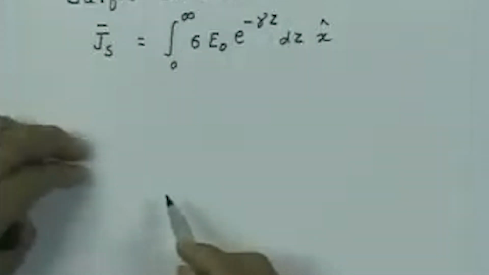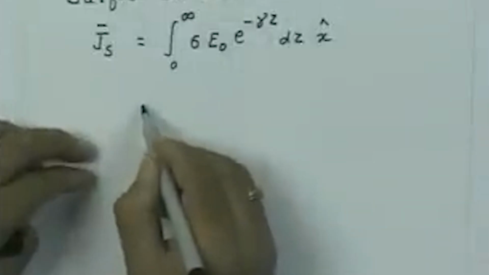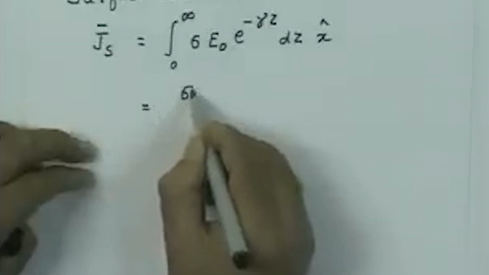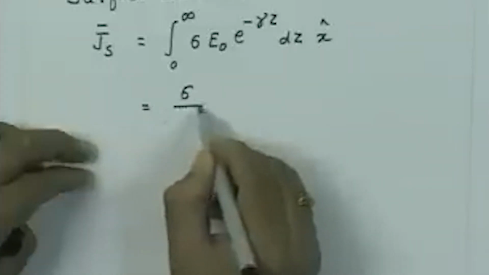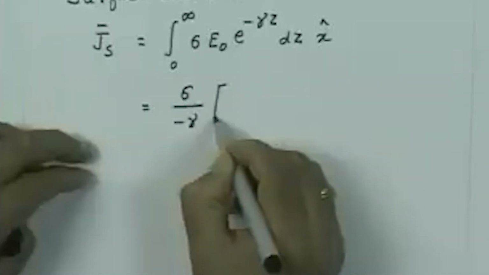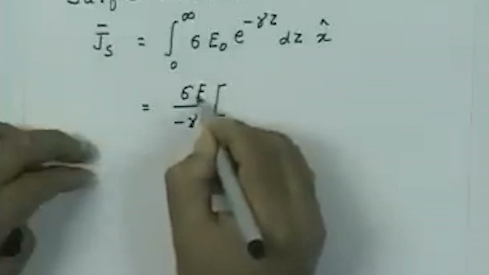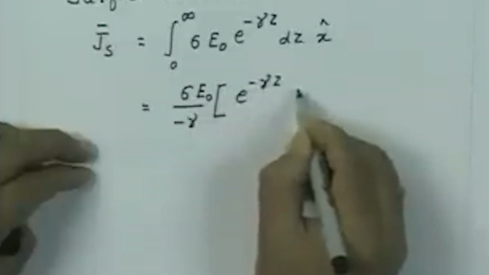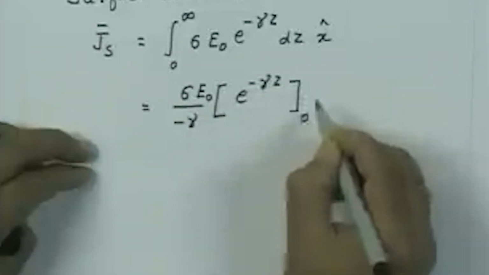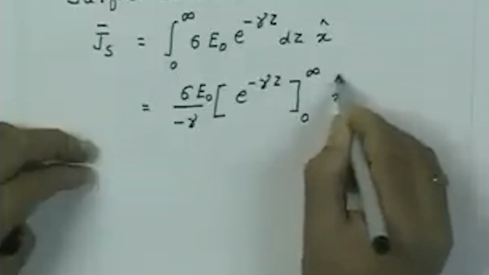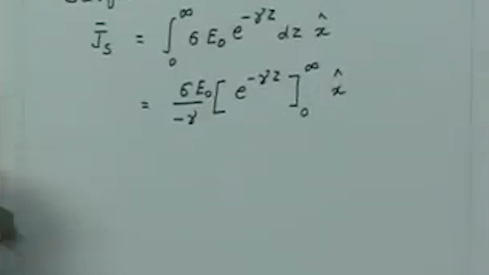This integral is very simple. So, essentially this is equal to sigma upon minus gamma E0 e to the power minus gamma z, from 0 to infinity, in the x direction.